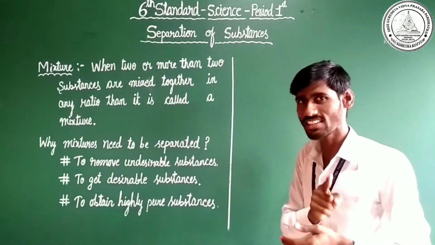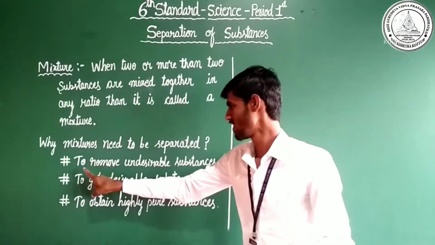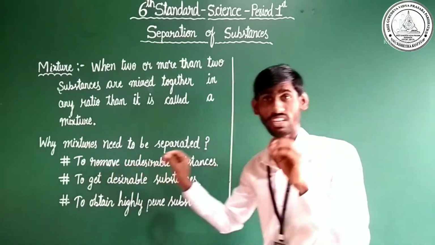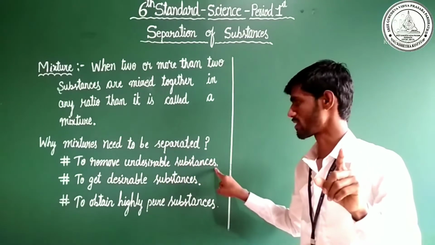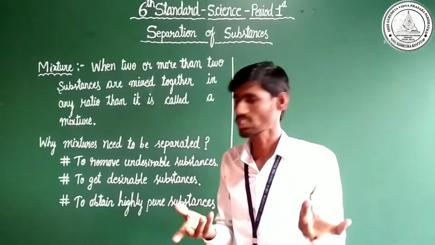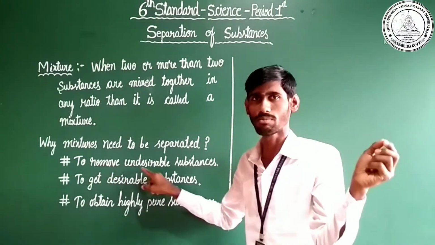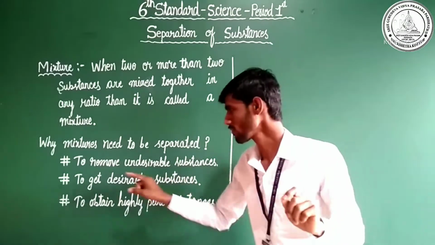The valid reason, why do we need to separate substances? The first reason, you should know: to remove undesirable substances. See, the stones have no use. That is why we need to remove undesirable substances. This is only one example. There are many examples.